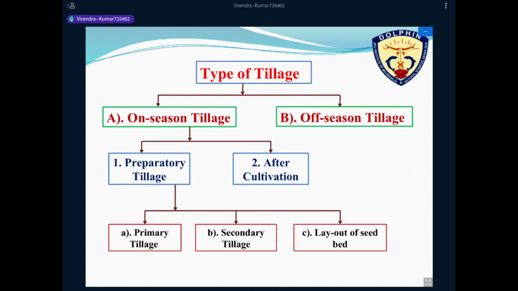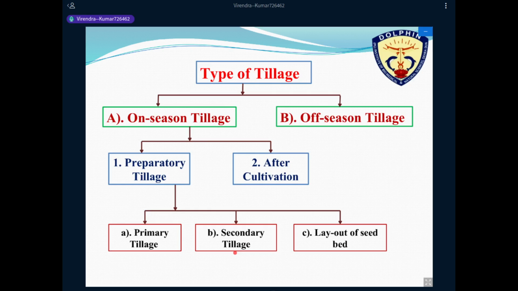In preparatory tillage, such practices are done at the time of crop sowing. In these practices, mostly we try to loosen the soil compaction, reduce the population of invading weeds, and incorporate the crop residue remaining in the field after harvesting, which after decomposition adds organic matter to the soil.